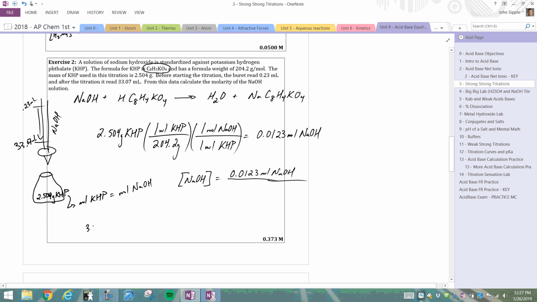So 33.07 milliliters minus 0.23 is 32.84 milliliters. So we put that in as 0.03284 liters, and that gives us 0.37.